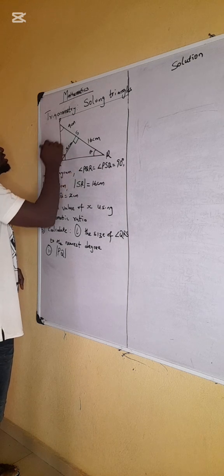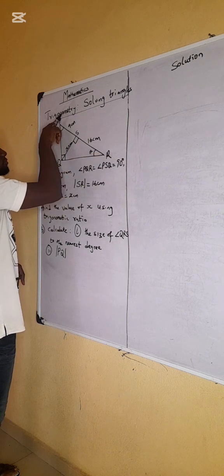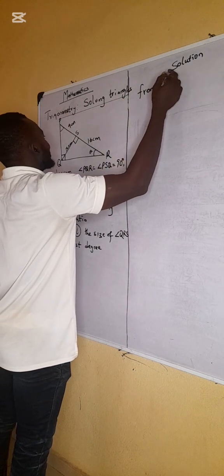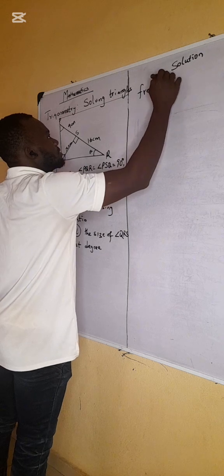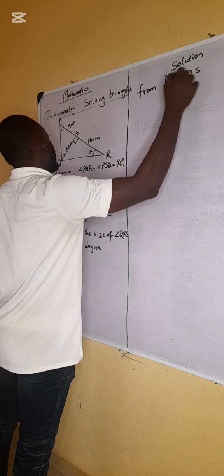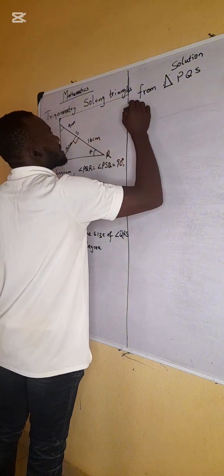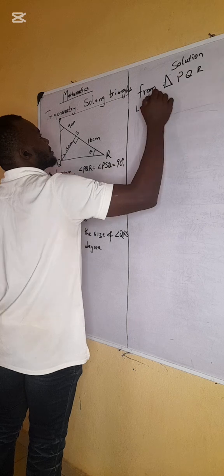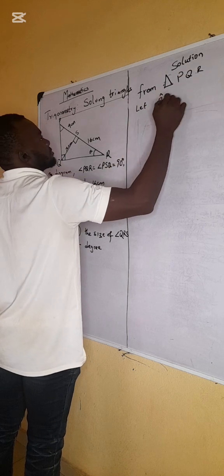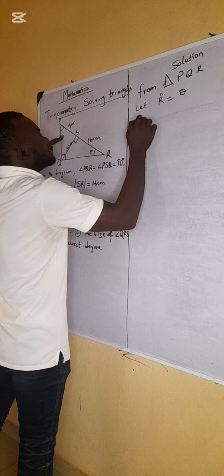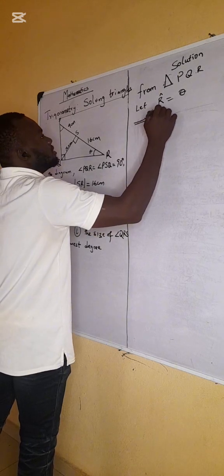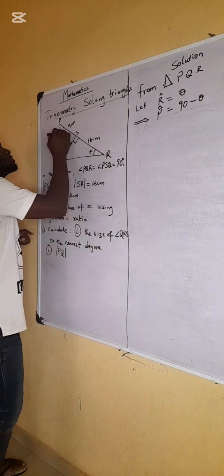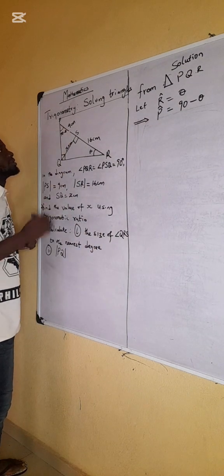Therefore, the angle at P is the complement of the angle at R. So the angle at P will be 90 minus theta, because they are complementary angles.